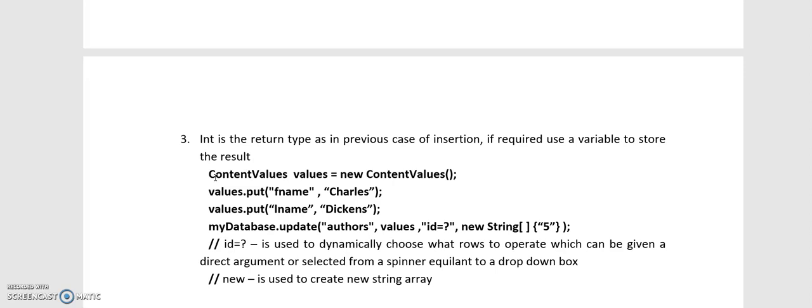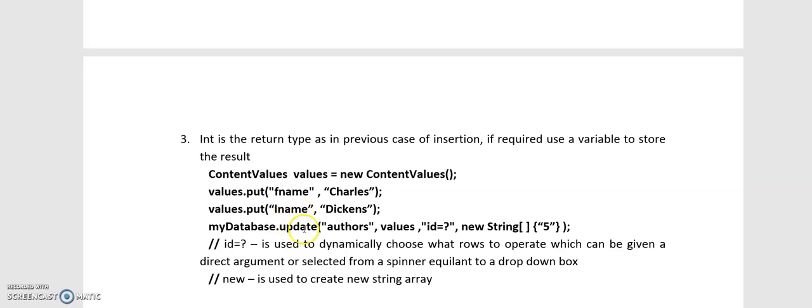Suppose you want to alter the fifth person with the name Charles Dickens. If you want to do that, you again use a class called ContentValues. You create an object called values, and values will be loaded with the values Charles and Dickens as the fname and lname entries.